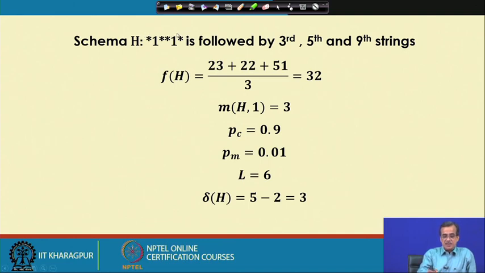The last fixed bit is the fifth one, and the first fixed bit is the second one. So, the defining length is 5 minus 2, which equals 3, and the order of schema H, that is the number of fixed bits, is equal to 2.